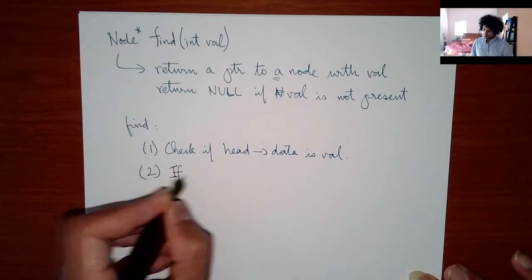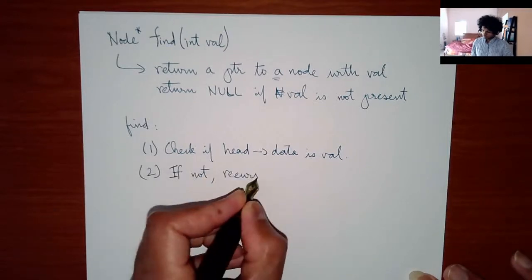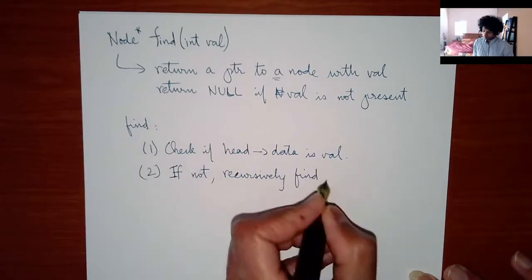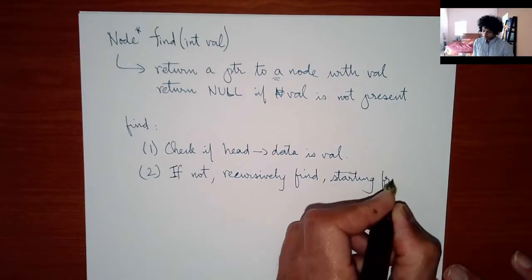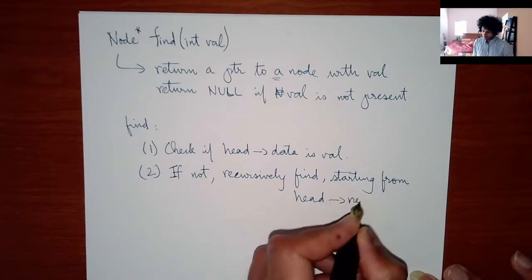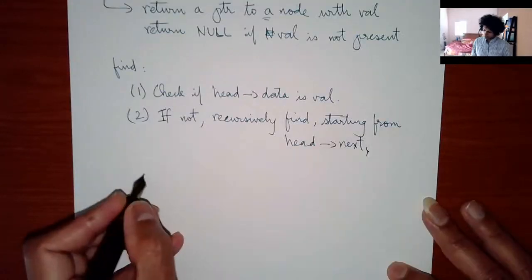And if not, recursively find starting from head arrow next. So what am I saying? I'm saying here's your linked list.